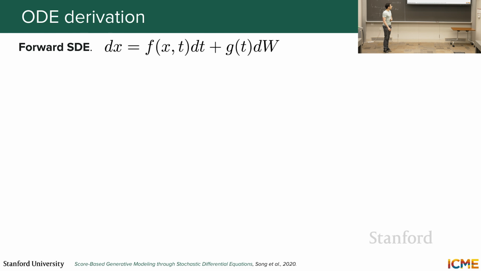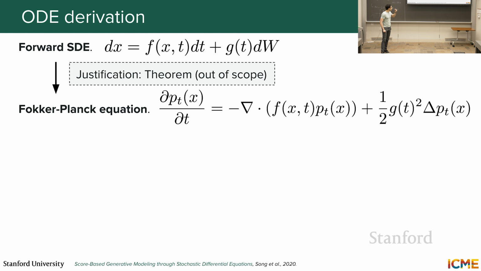So let's start from the forward SDE. As Afshine had mentioned, you have this f of x and t term, the drift term, and a diffusion term. It turns out that for equations that verify this equality, you can apply the Fokker-Planck equation, where you have this p_t of x that comes up, the probability flow.